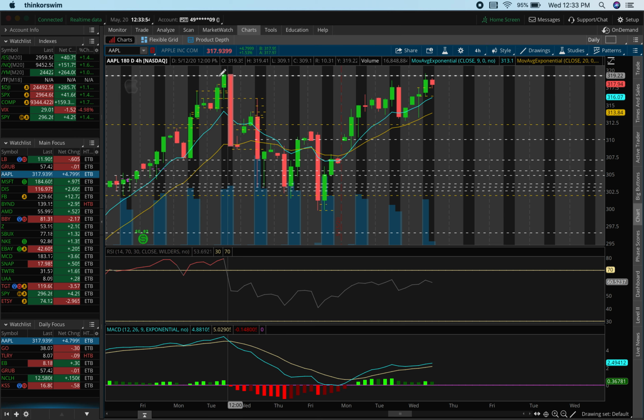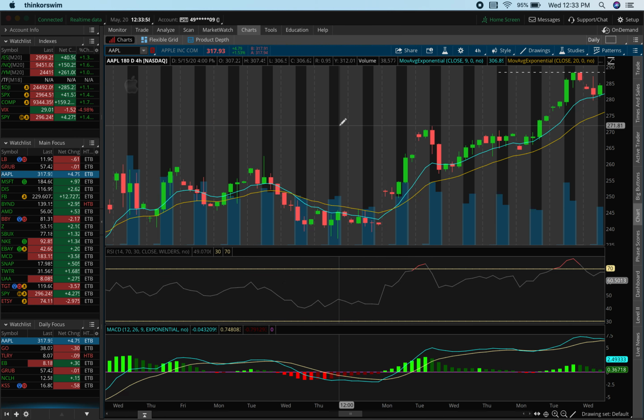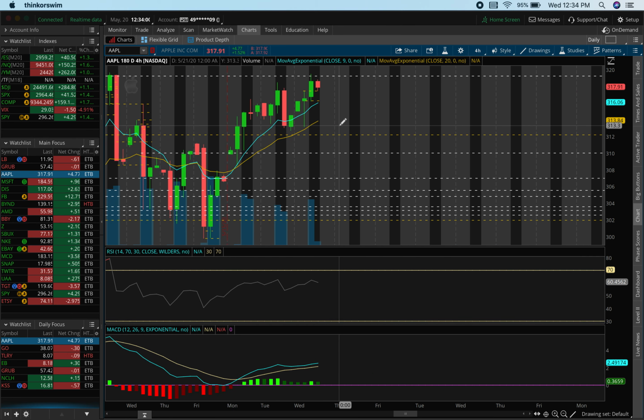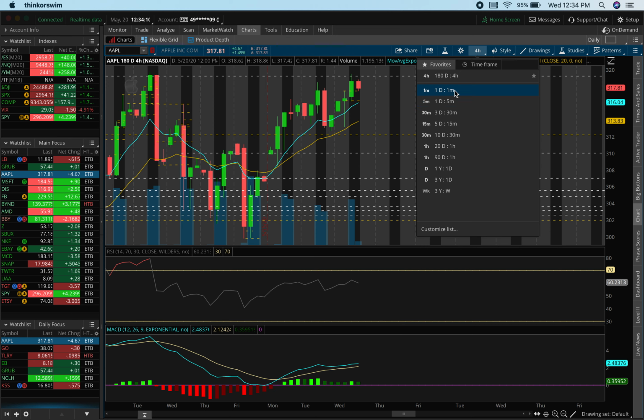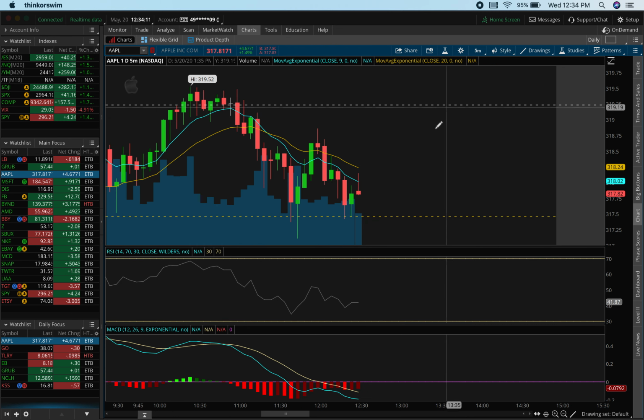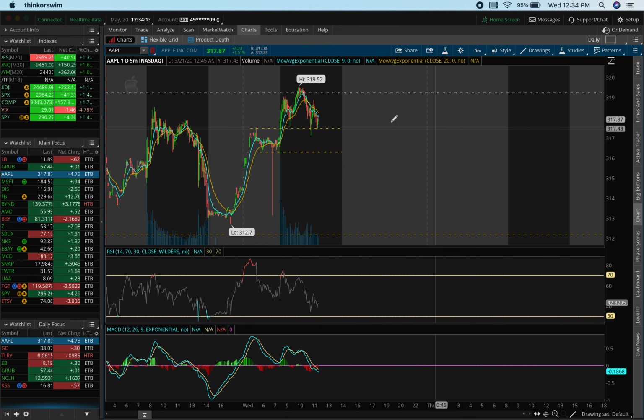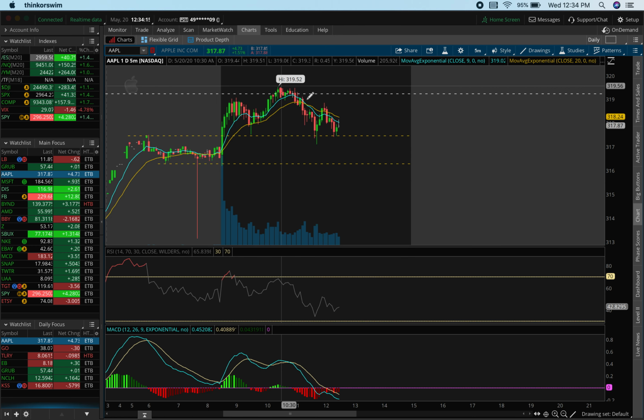I've had that line on there for a while. Once you have that, since it's on that level, then go back to your 1 day 5 minute or 1 day 1 minute chart.